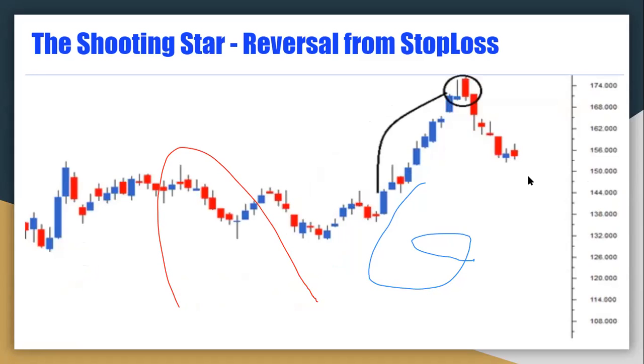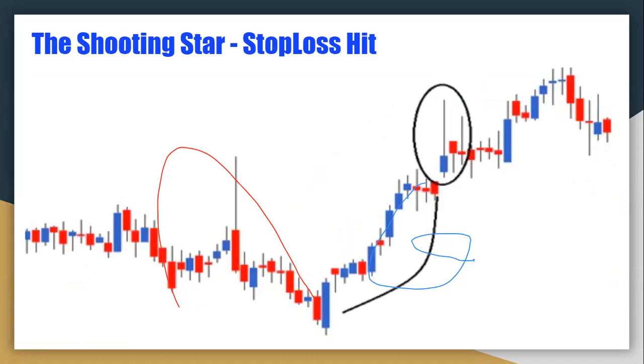So shooting stars are signs of trend reversal. Shooting stars, hanging man, hammers, these are signs of trend reversal. Now let us look at one more example. Why I'm showing all these examples is so that you can get more grasp and are able to identify these patterns better.